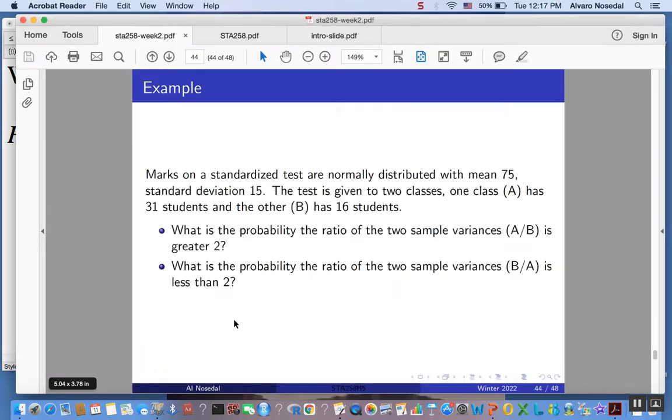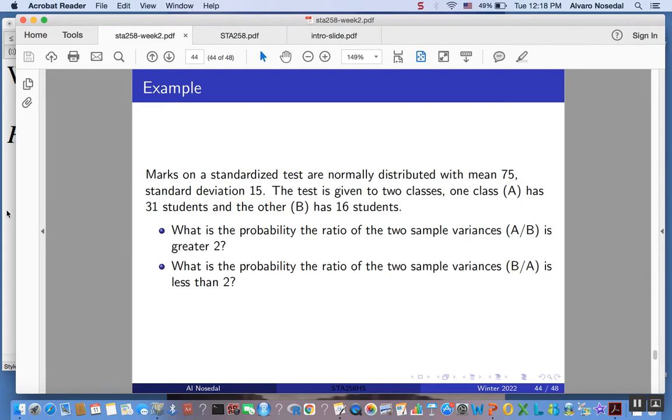Now note that we're assuming that these two samples, let me call them sample A and sample B, come from the same distribution. So they have the same mean and the same standard deviation. But what is different is the sample size.